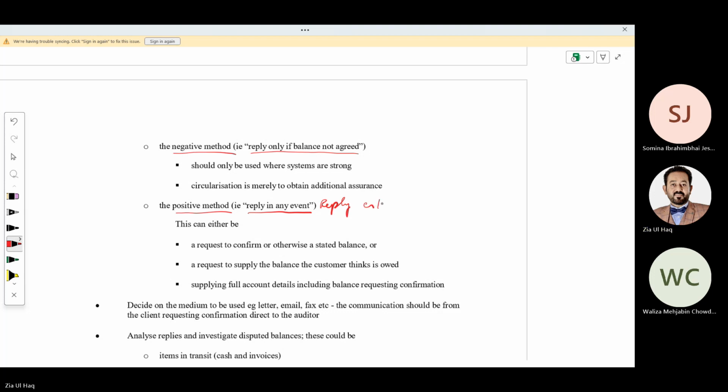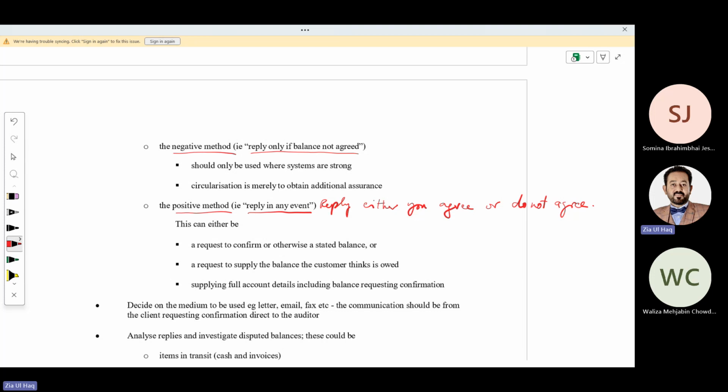Reply either you agree or do not agree. So there are two methods of performing circularization, confirming balance. Negative method: reply only if you do not agree with the balance. And if the customer does not reply to our request, we consider he is agreeing with the balance.